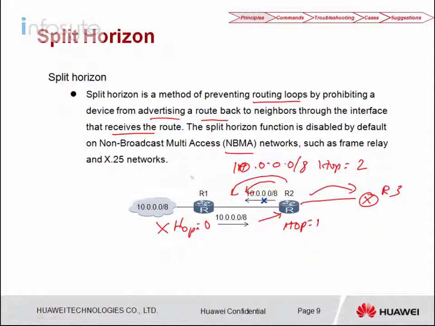Now R1 would think, "Hey, I'm able to reach 10.0.0.0/8, and my next hop here is R2. So I'm going to believe this update."